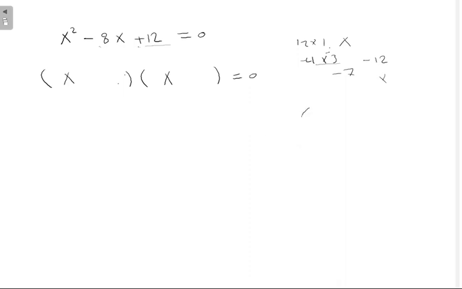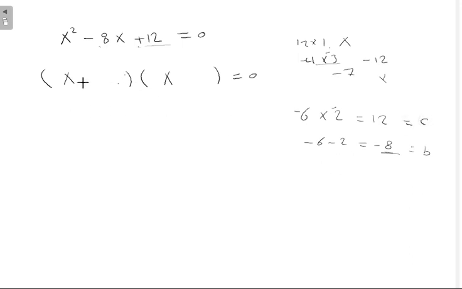The last choice is 6 multiplied with 2. This gives me 12. Okay, positive 12. How about the sum of 6 plus 2 gives me 8, not minus 8. So I'll give them both a negative sign. So minus 6 multiplied by minus 2 give me 12, and minus 6 minus 2 gives me minus 8, which is the coefficient b, and this is equals to c.